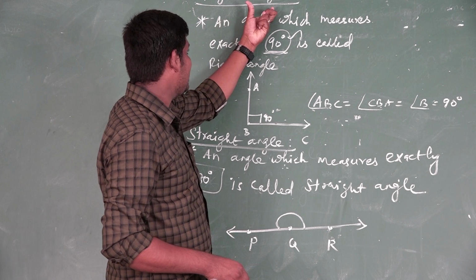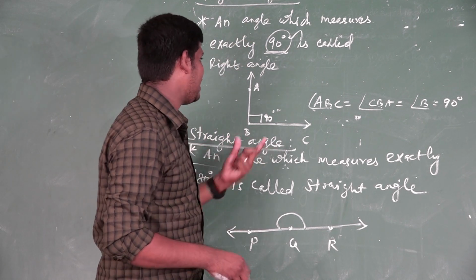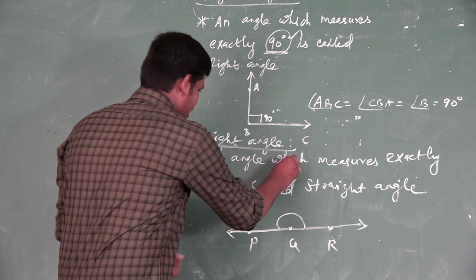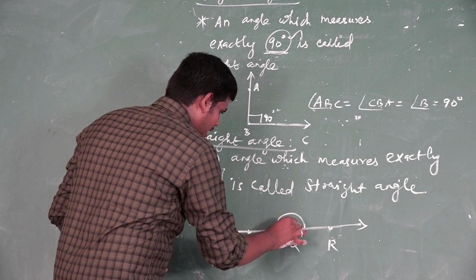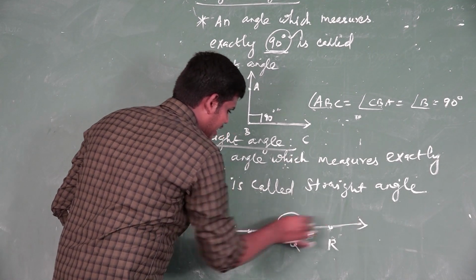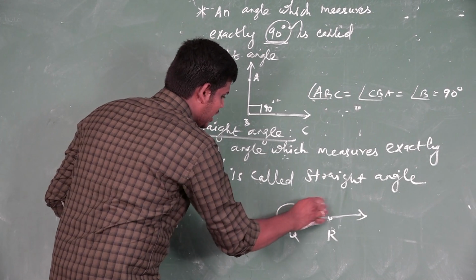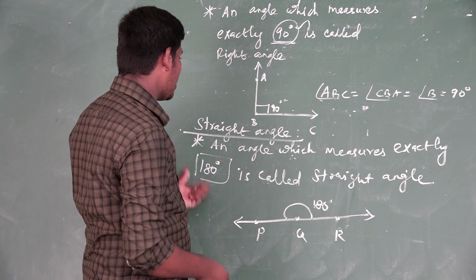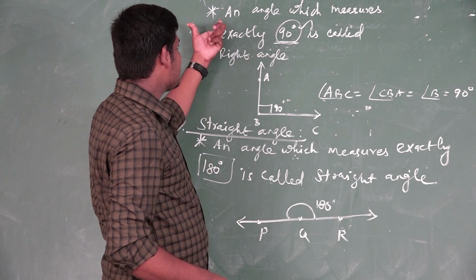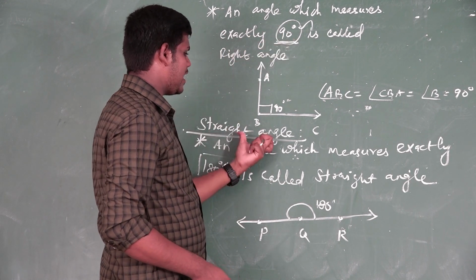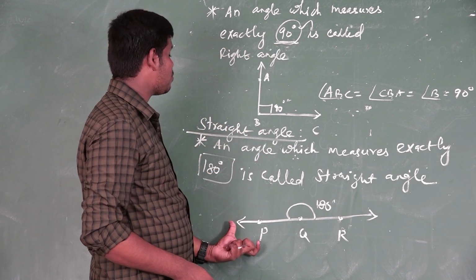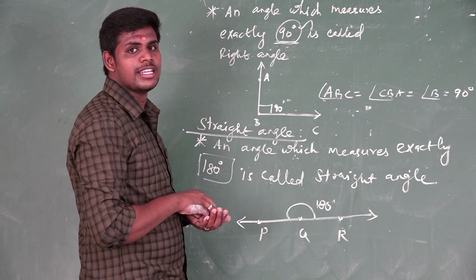Two right angles added gives a straight angle. 90 plus 90 is 180 degree. Right means 90 degree, straight means 180 degree. This is the explanation about right and straight angle.